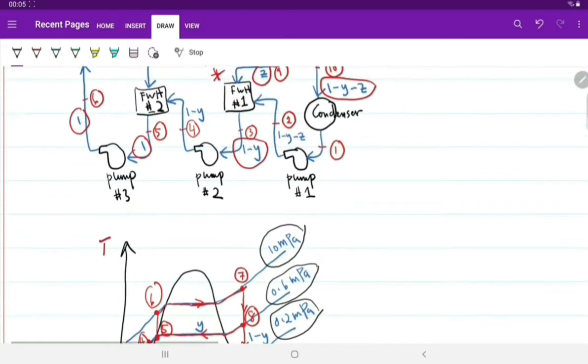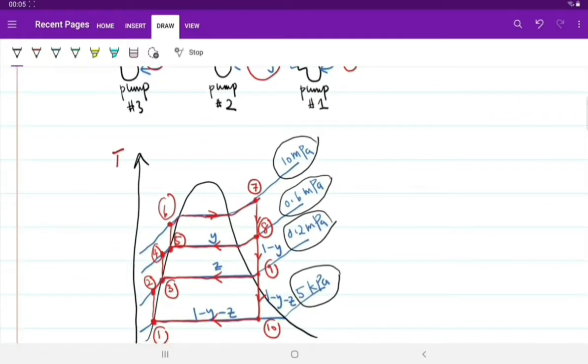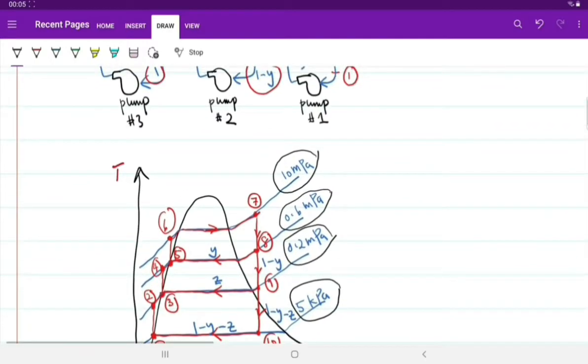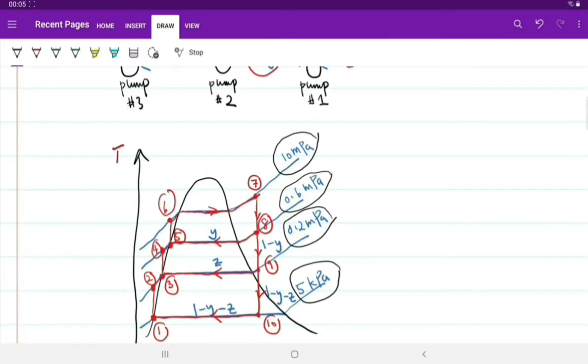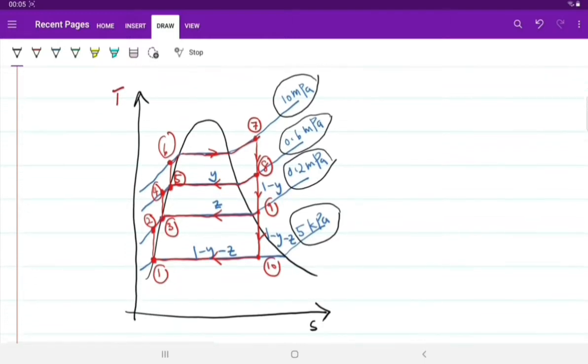Okay, and then another keyword given in the question is that water exits the feed water heater as a saturated liquid. Saturated liquid, the locations are here at point number 1, point number 3, and point number 5.